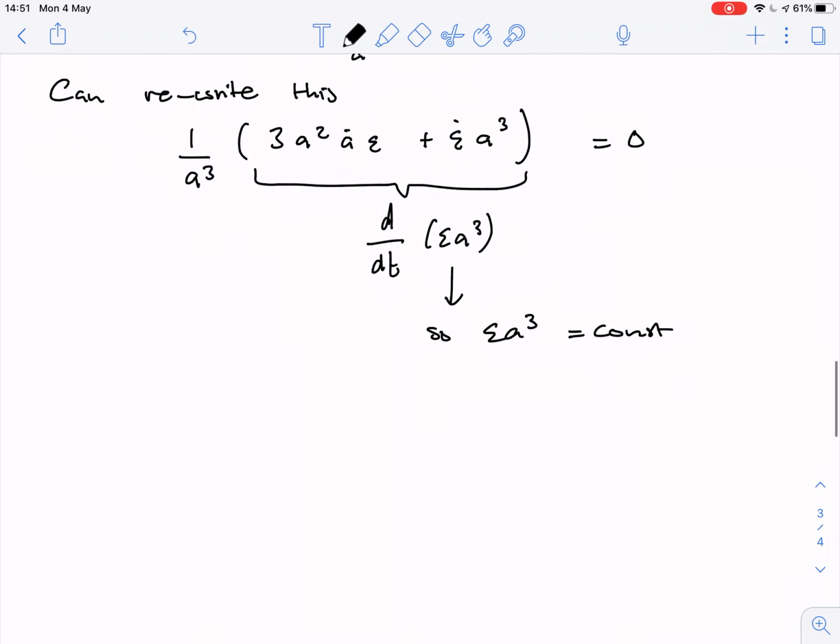And in that case I can say ε is just some energy density that I measure at the current time, ε naught, divided by a cubed. So that's how the energy density in a matter-dominated universe varies with time.